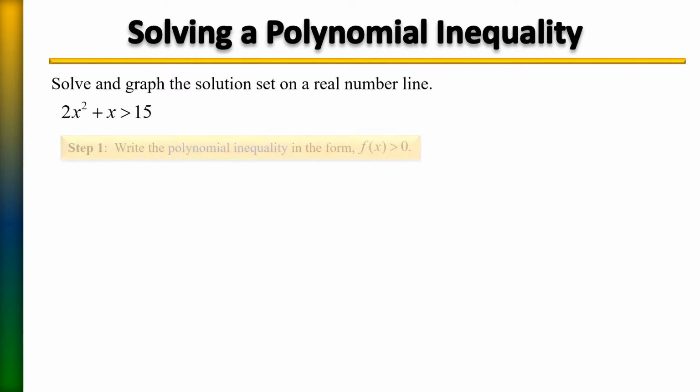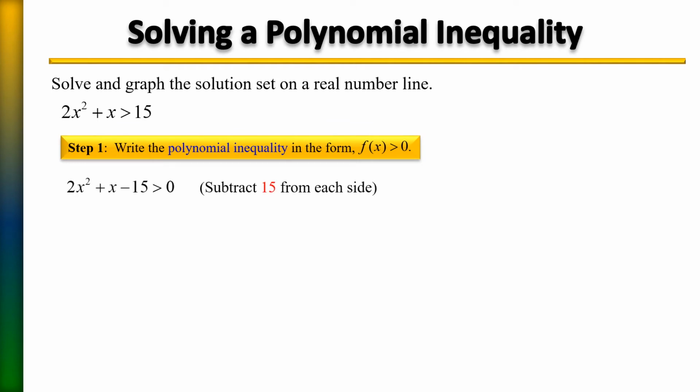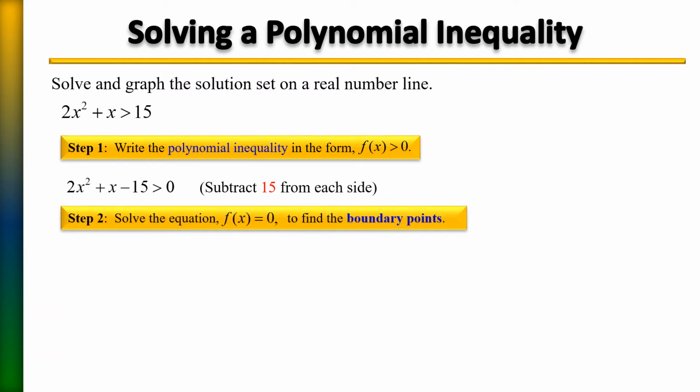So let's begin by subtracting 15 from each side. Now that we have it in that form, we're going to take this trinomial and set it equal to 0 so we can factor it and find our x solutions.